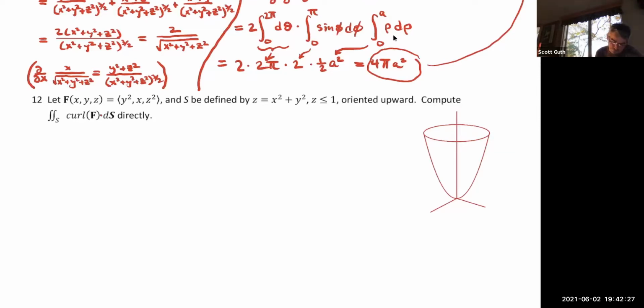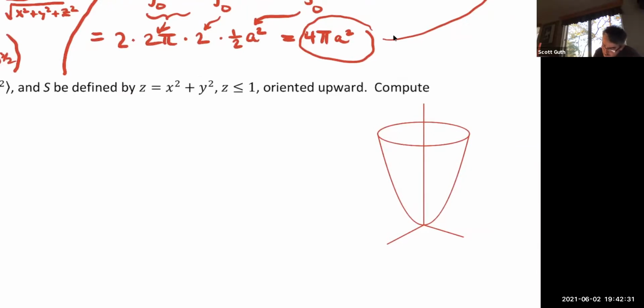I've gone ahead and drawn the surface. It says z is less than or equal to 1, so right here I have where z is 1, and of course that's z equals x squared plus y squared. If z equals 1, then that's x squared plus y squared equals 1.